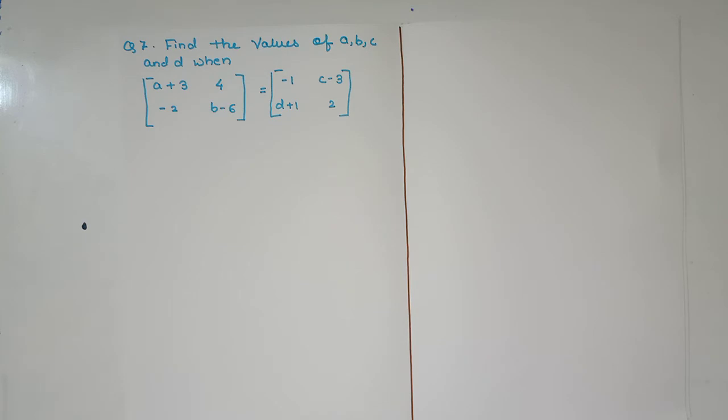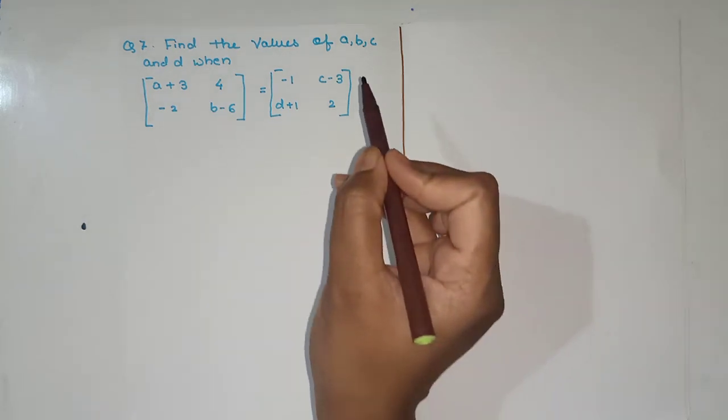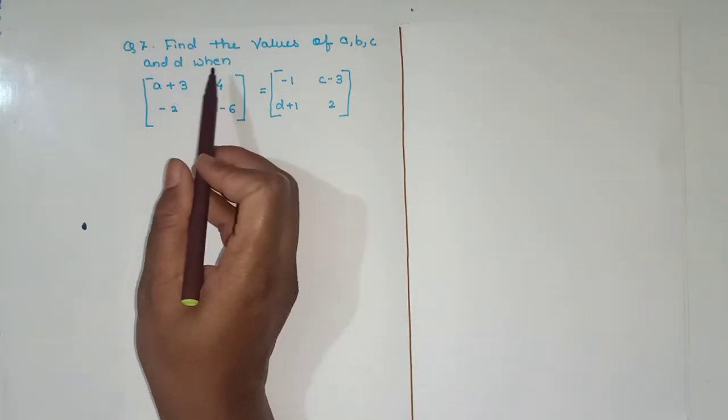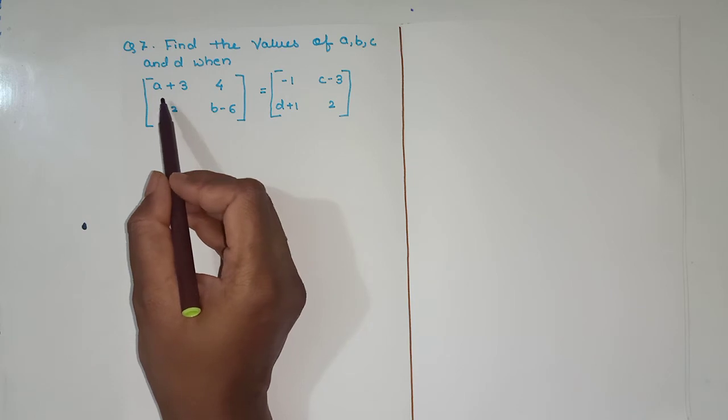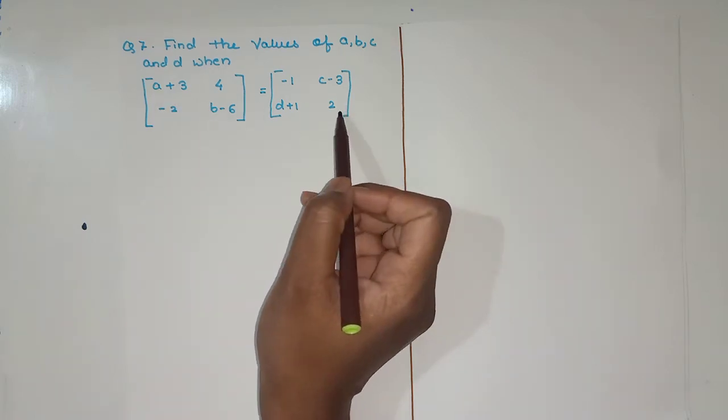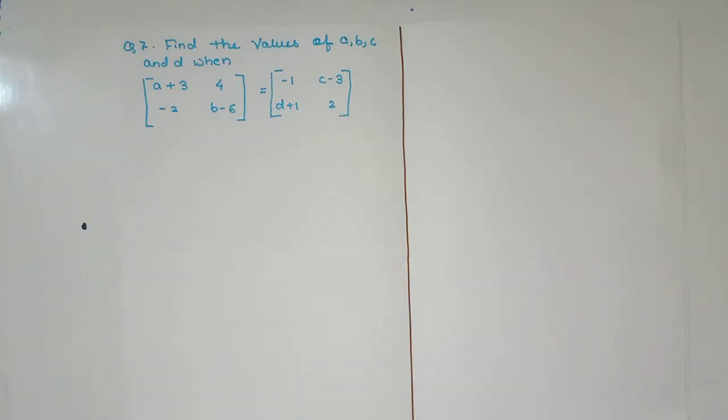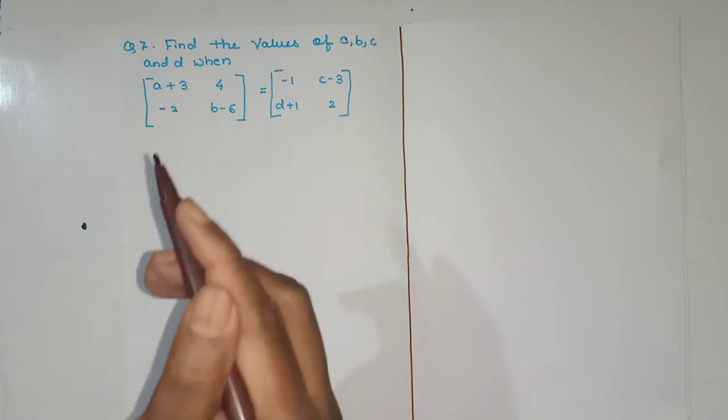Now the next problem, question number 7. Find the values of A, B, C and D. Here, children, it is given that these two matrices are equal. If you remember, while teaching equal matrices, I told you that if two matrices are equal, then each of the corresponding elements are equal.